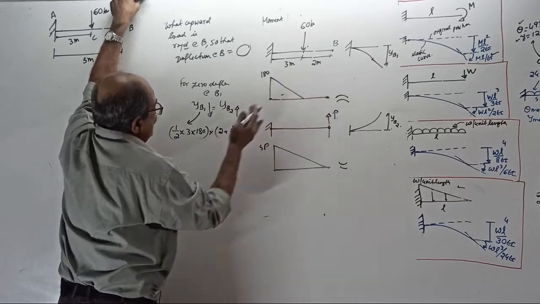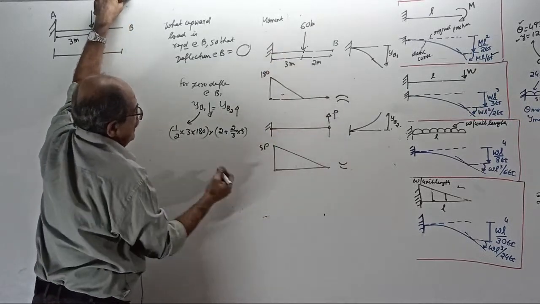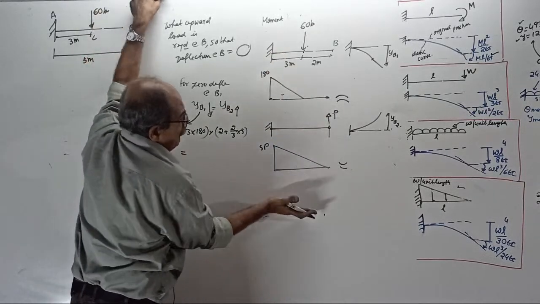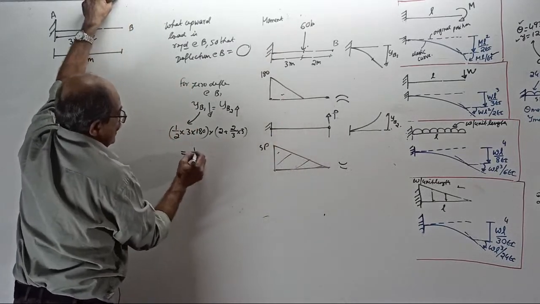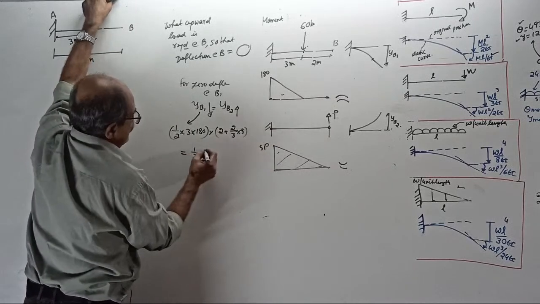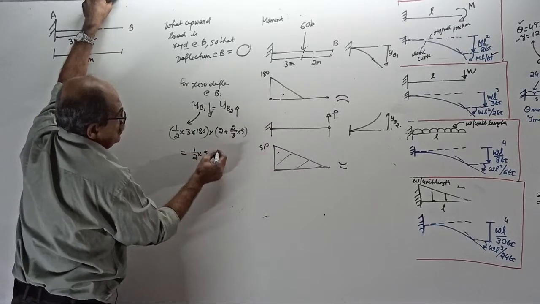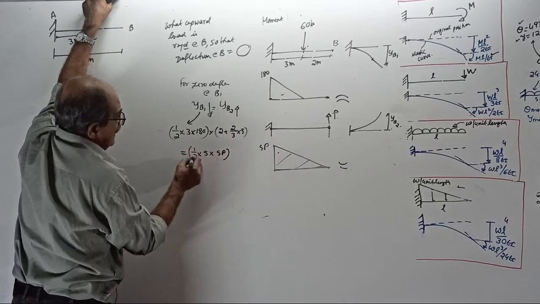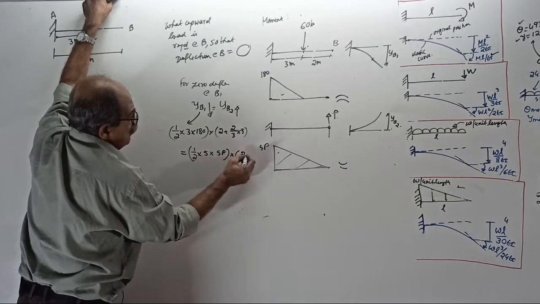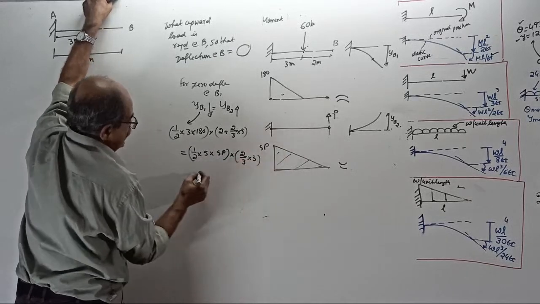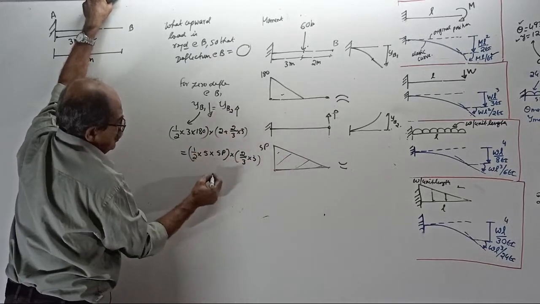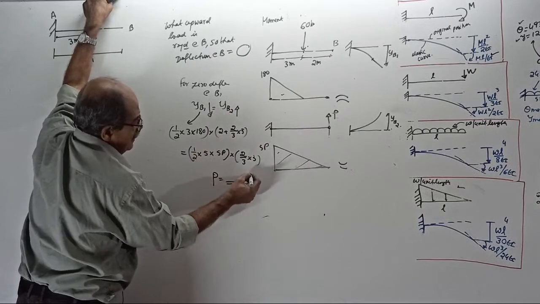This moment about this point is the downward deflection. This should be equal to the upward deflection, which is the moment of this area: half into span 5 into 5P, the bending moment, into 2 by 3 of the full length 5. By equating these two, you get the value of P.